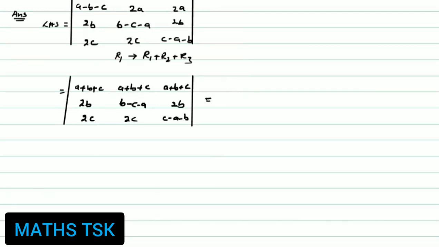You will get a plus b plus c into a determinant whose first row is 1, 1, 1, and then 2b, 2b, b minus c minus a, and then 2c, 2c, c minus a minus b.